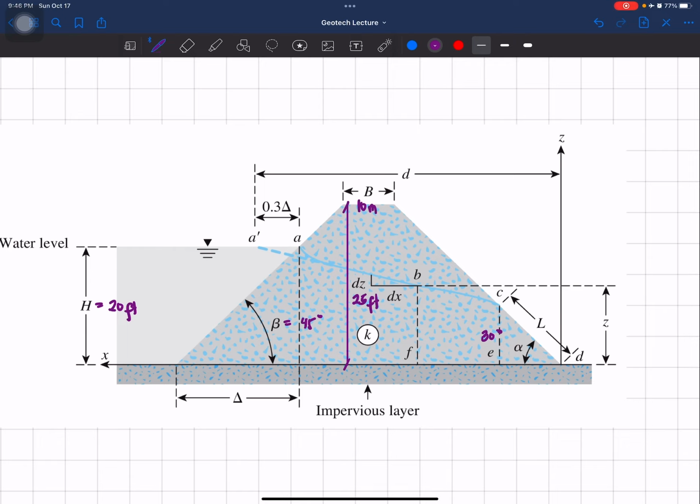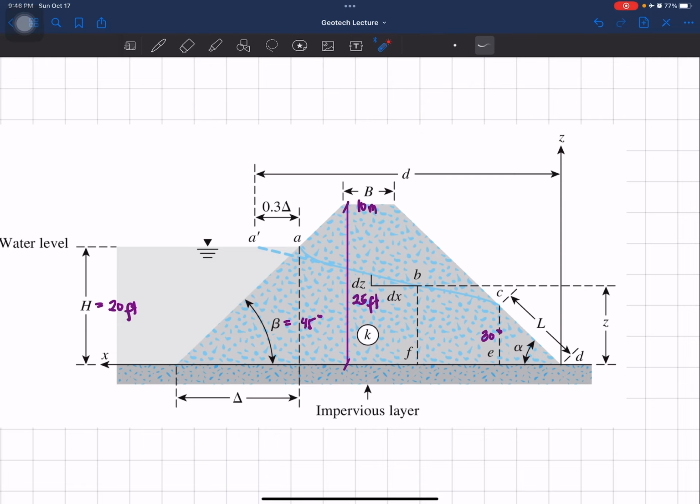First thing to determine is what the D is. In order for us to get the D and to get the L later on, we need to take the sum of the distance from this point to that point.